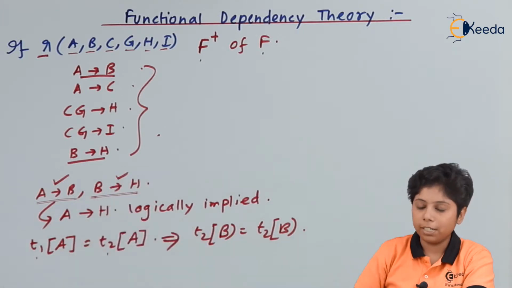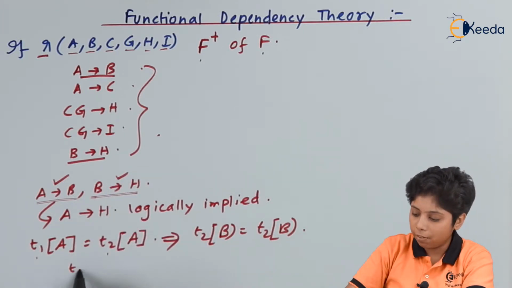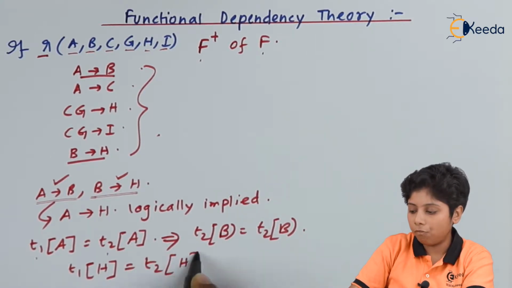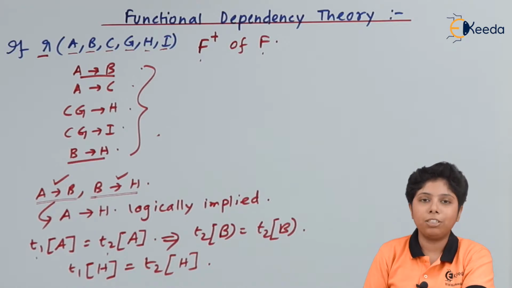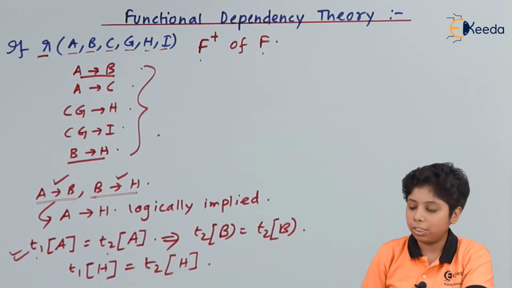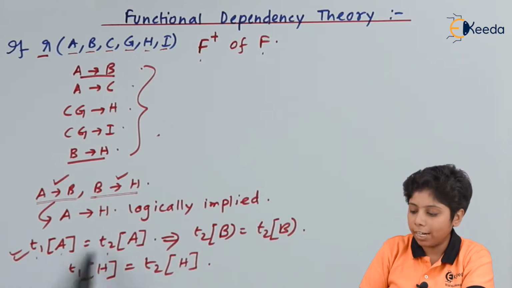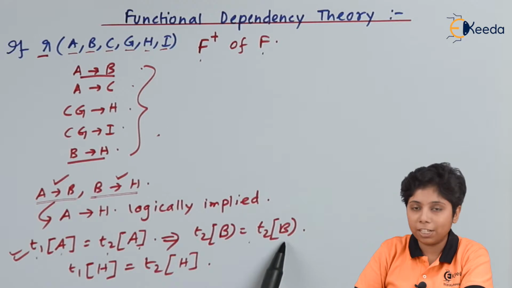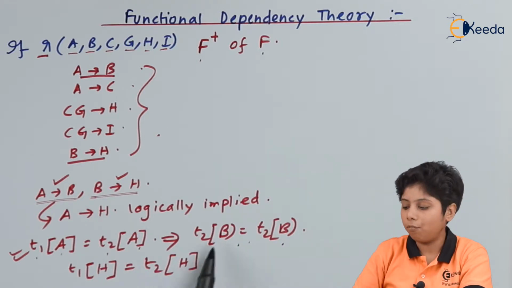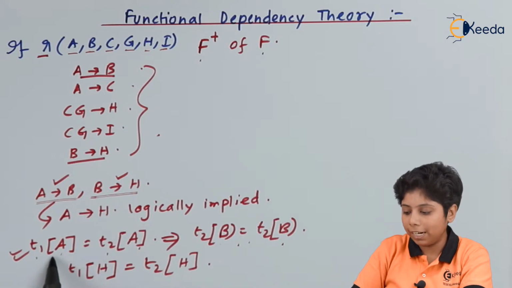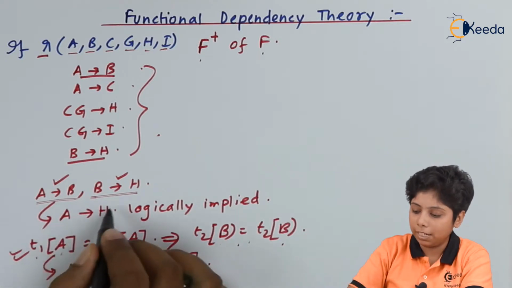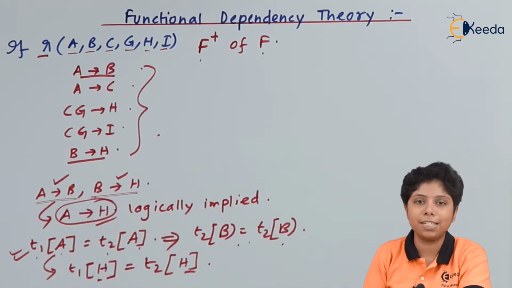Now this one exists, and T1 of H will be matched with T2 of H. That means the logical implication we have termed as tuple relational. So the tuple relational says that for every attribute on T1 and T2, if there is an implies sign, then the right side will also match. So we can say directly that T1 and T2 for A and H are the same, which means the A implies H implication is satisfied.